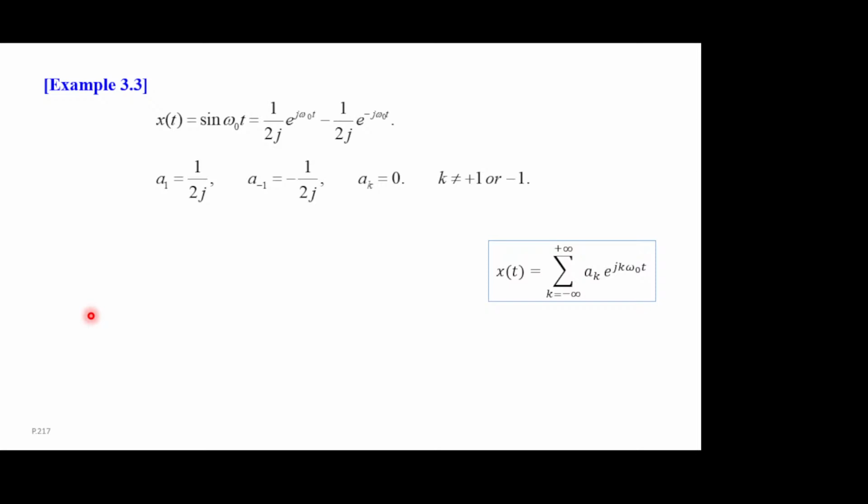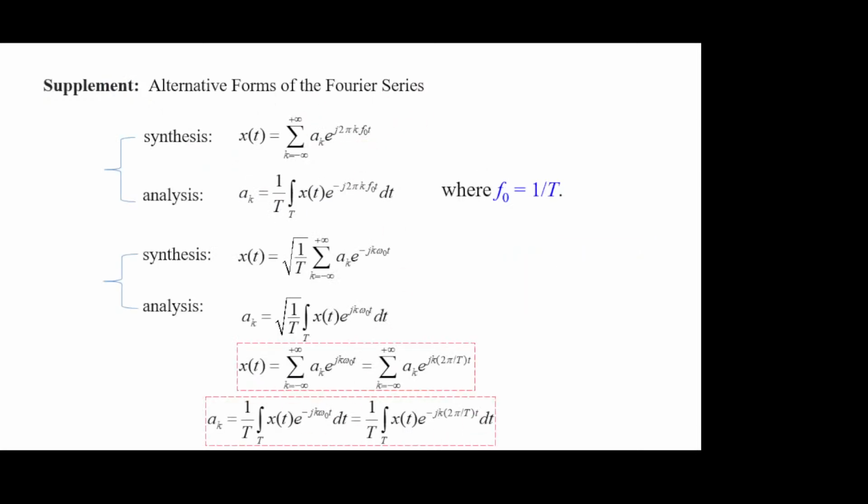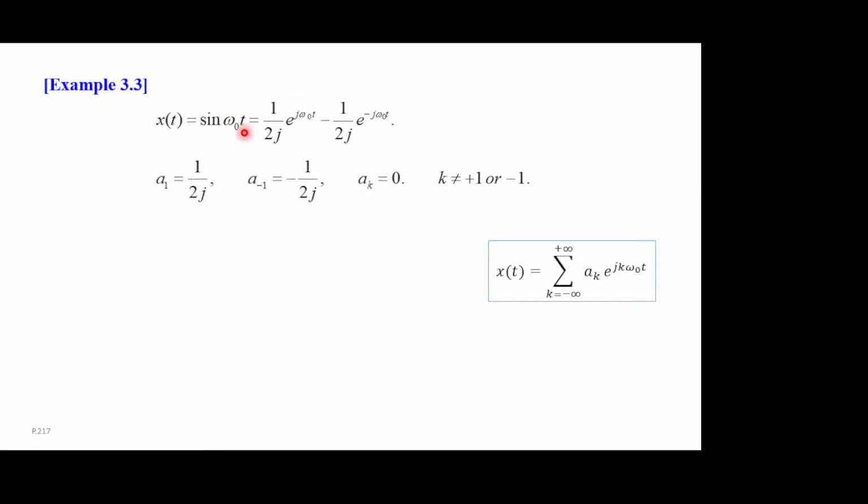Back to our course. Let's see more examples of our Fourier series representation. Here we have a very easy example. Once again, our x of t is in terms of sine and cosine. Now it's in terms of sine: x of t equals sine omega naught t. Once again, we can break this into complex exponentials just by using reverse Euler. So here we don't really need to do this integration. We can just use our eyeball and break our sine into e to the j omega naught t and e to the minus j omega naught t, with coefficients 1/2j and minus 1/2j.